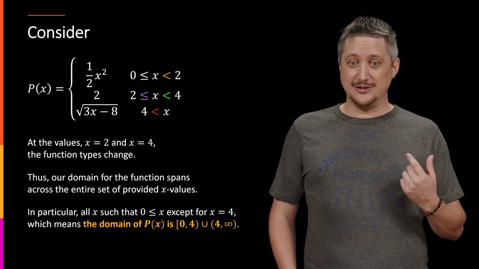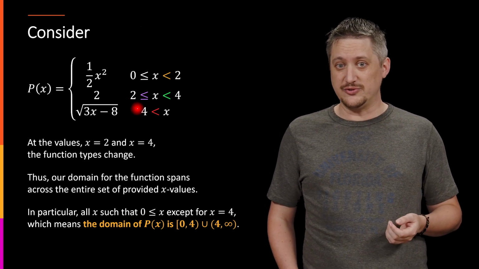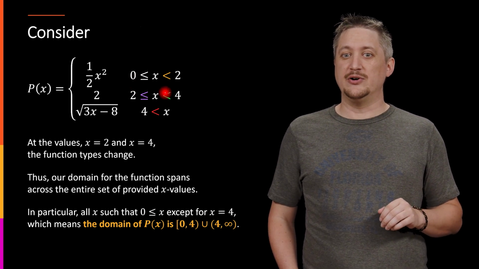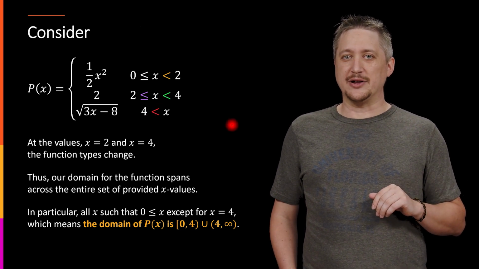Putting that together, it's everything greater than or equal to 0, including 2, except for 4. So I have 0 up to 4, but not 4 because of the lack of or equals on that, and then everything bigger.